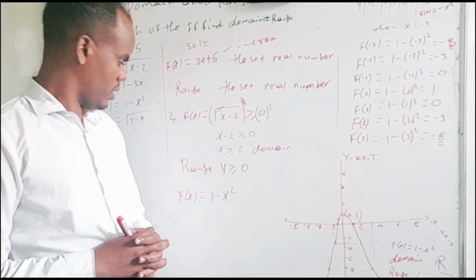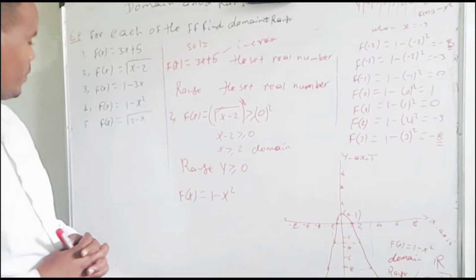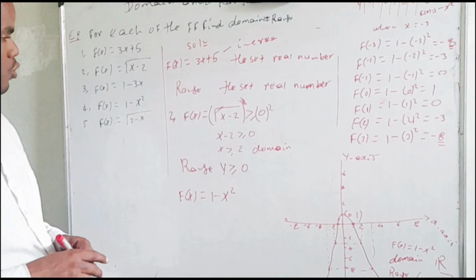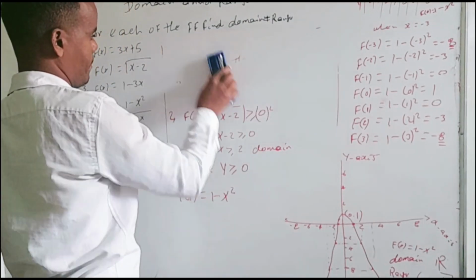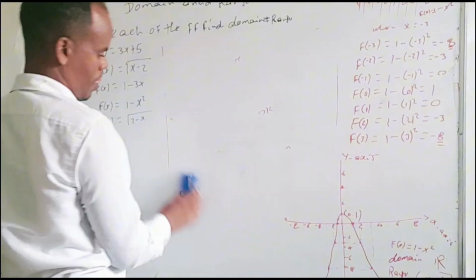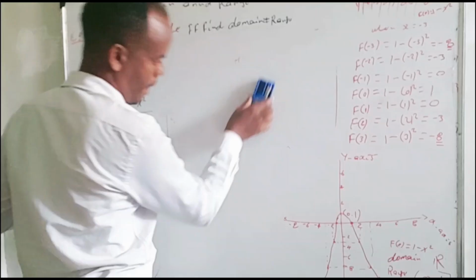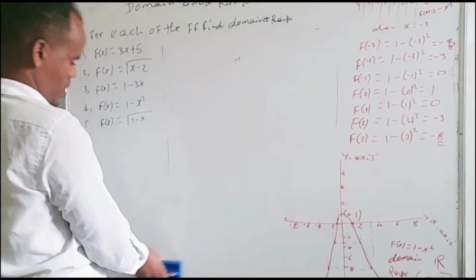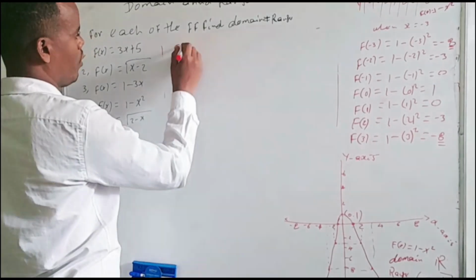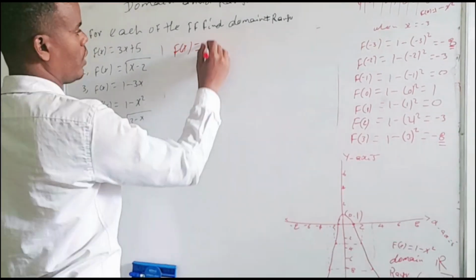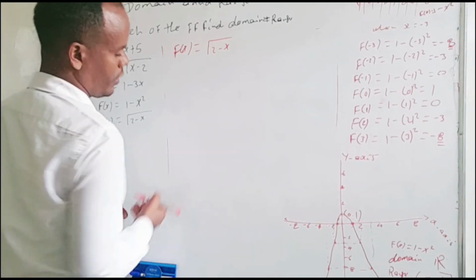Okay, the next one, the last one, is f of x equals the square root of 2 minus x.